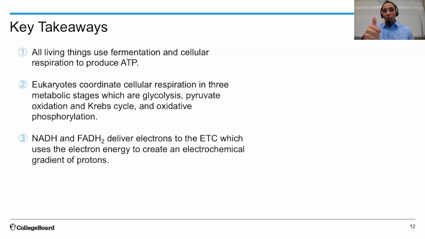Glycolysis, which all living organisms do. Pyruvate oxidation, again, oxidation, losing electrons, and the Krebs cycle, which kind of go together, and oxidative phosphorylation. And then finally, NADH and FADH2 deliver electrons to the electron transport chain, which uses the electron energy to create an electrochemical gradient of protons.